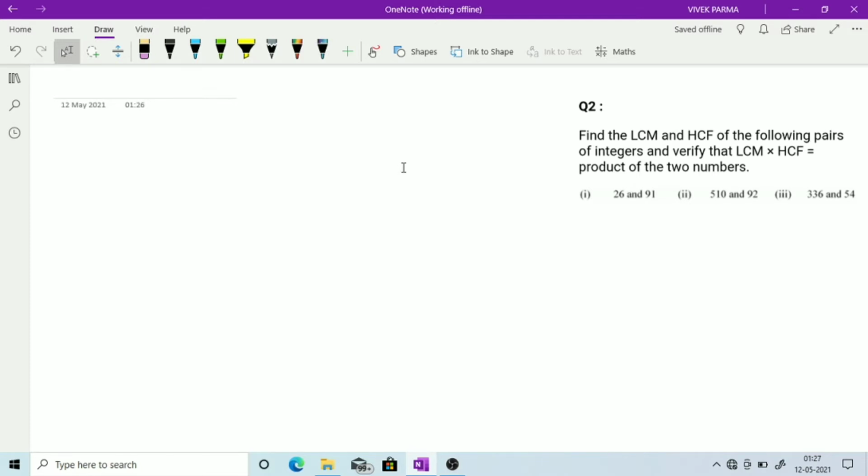So now we first discuss one of the most important properties of LCM and HCF.